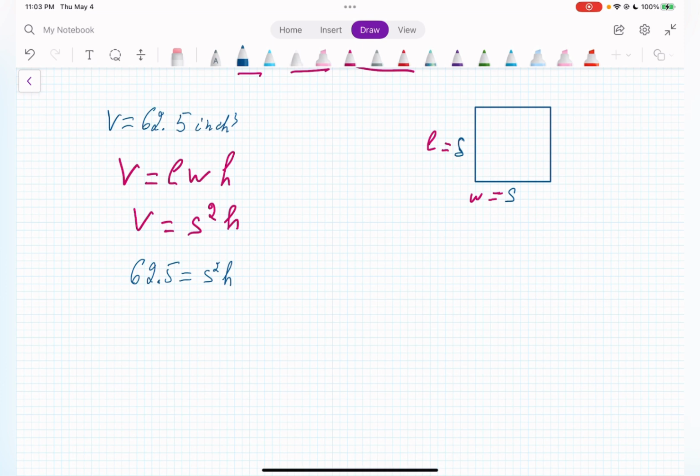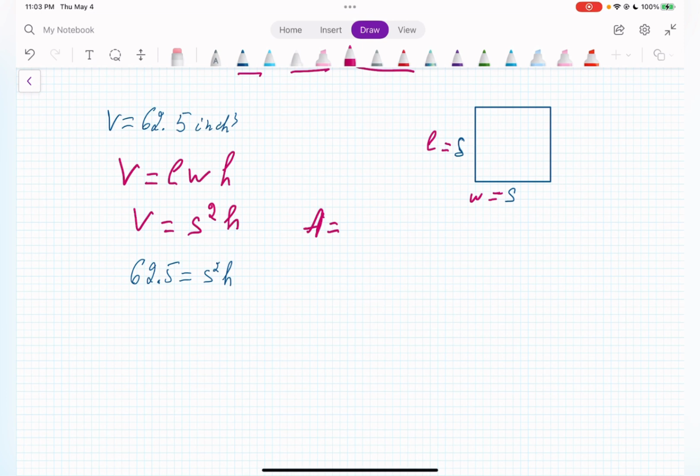Okay, now we need surface area also, right? For surface area, we are going to have S squared, so it would be L times W, the area, right?